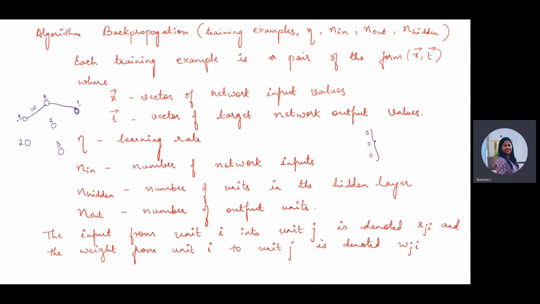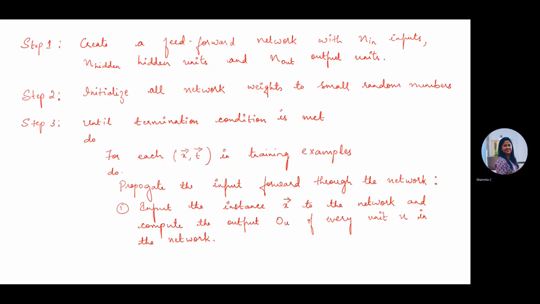The weight from unit i to unit j is represented as w_ji, so the weight from the first input node to the first hidden node is w_11, then w_21, and from here to here w_32, that is j then i. This is how the representation is done for the multi-layer perceptron or the multi-layer neural network.